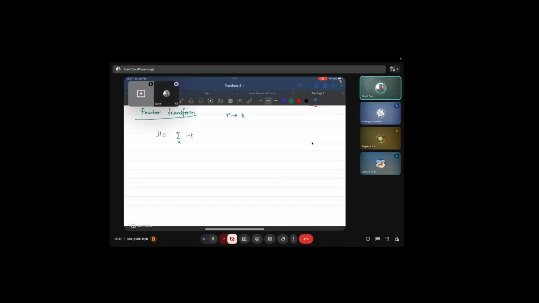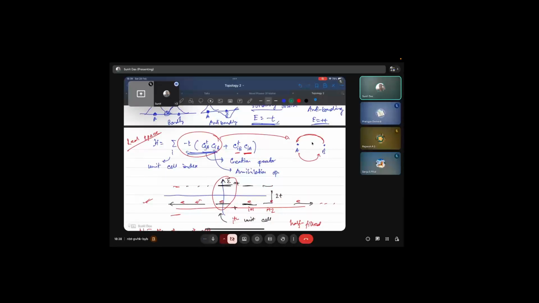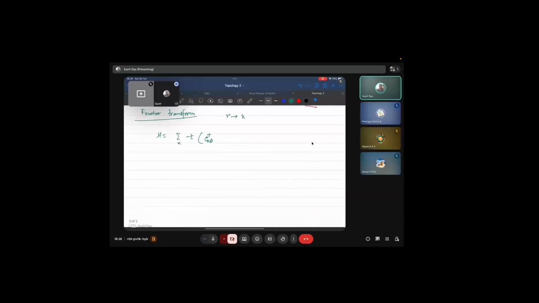And again, we will have a similar Hamiltonian. The creation and annihilation operators now will be in terms of K. Earlier it had the I index, right, the unit cell index in the real space, but now it will have a K index. So c_k and then its Hermitian conjugate, right?